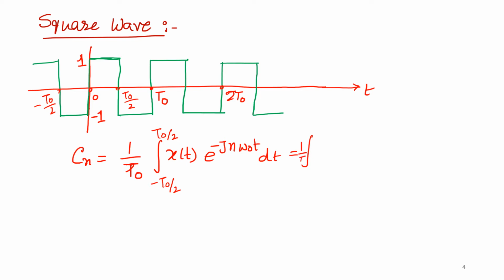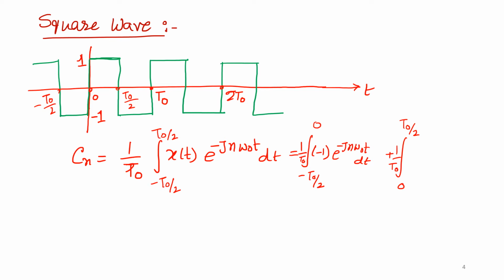One is 1 upon t naught, and this is minus t naught by 2 to 0. The next is again 1 upon t naught, from 0 to t naught by 2. For the range minus t naught by 2 to 0, its value is -1, so I put -1 directly here with e to the power minus j n omega naught t dt. And for 0 to t naught by 2, its value is 1.